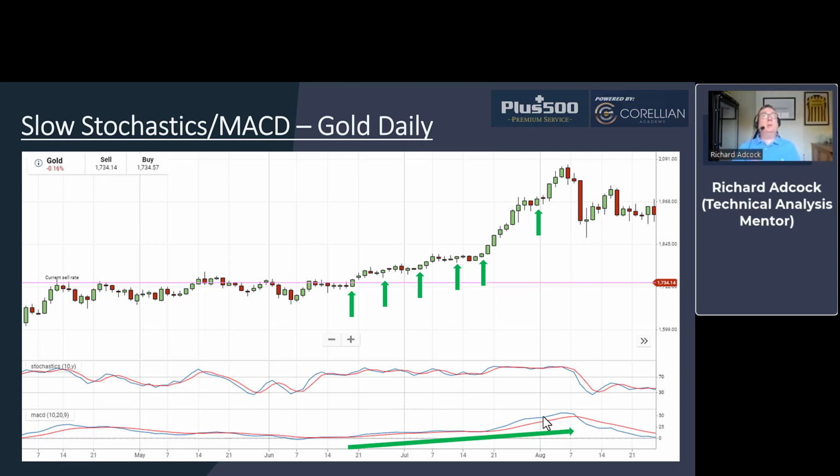So in other words, we're using the MACD to give us the directional risk, but because it's slow in actually generating new signals, we're using the slow stochastic from a timing perspective. Every time momentum turns up within an aggressive uptrend, then it's a positive signal. It's a reacceleration of that uptrend.